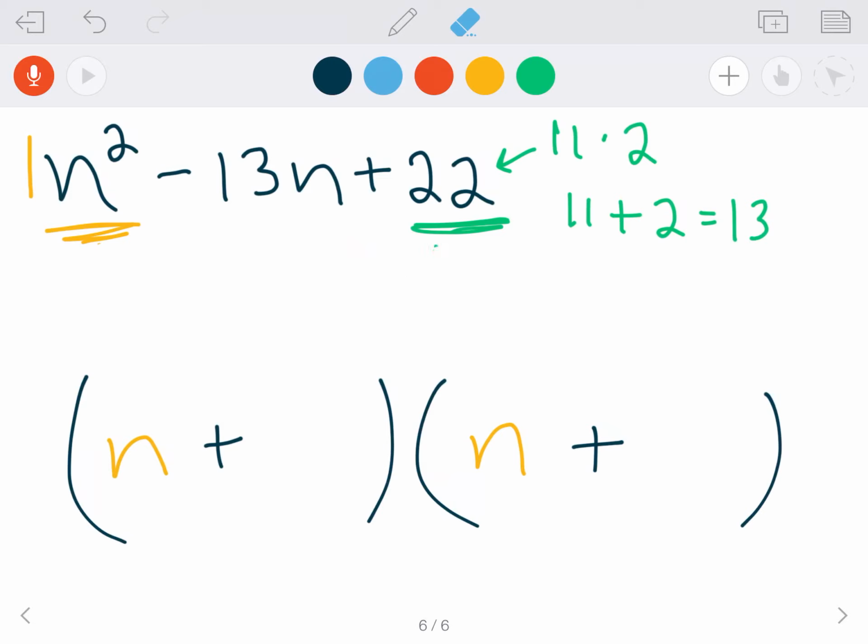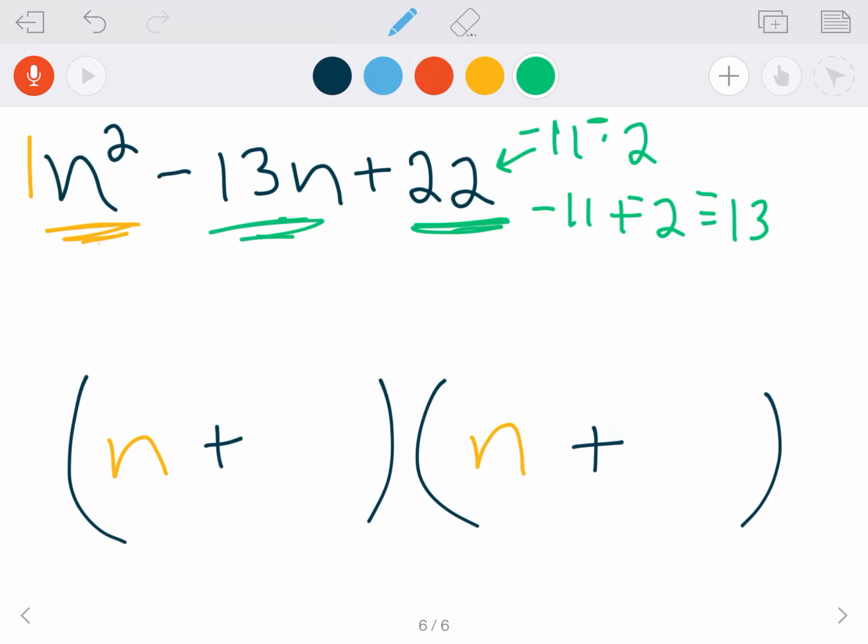So how else can we get a positive 22? Can we maybe make the 11 and the 2 negative? Well, let's try that. Negative 11 plus negative 2. That gives us negative 13, which is what we want right here.